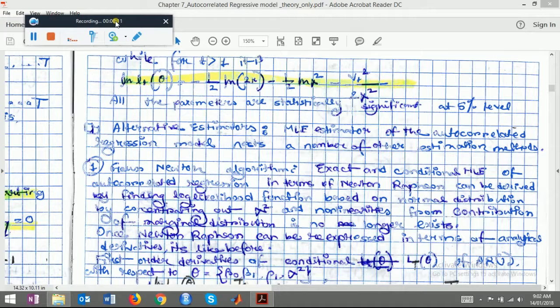As we have already talked about the dynamic model of US investment, now we are going to move on to talking about alternative estimators for ARMA models. Previously we were talking about the log likelihood function, the joint probability density function, bringing together a combination of the conditional probability density function and the marginal distribution function.